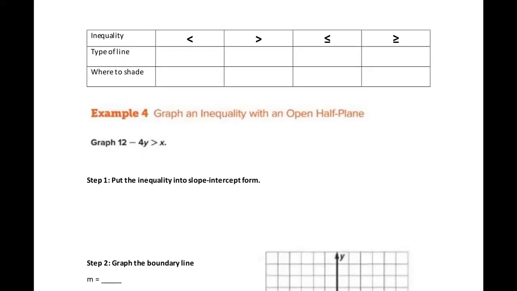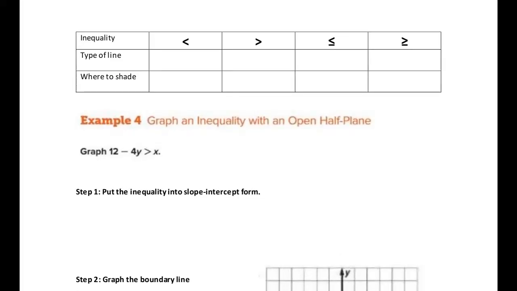So these are the inequalities that we're talking about, okay? The first one, it looks like a sideways L, and it is, does anyone remember? Is less than. I'm just putting the name of it above. Now, if it's less than, and I'm going to jump to the bottom row, where are you going to shade when you have either a solid line or a dashed line?